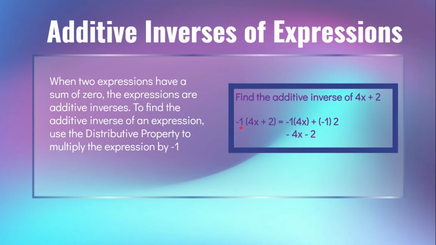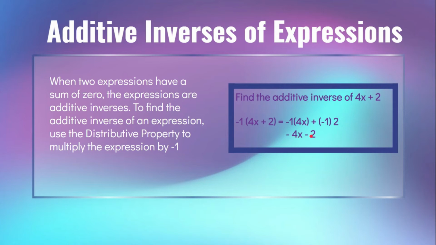So you can see it here, negative 1 times 4x plus 2. Here we are going to use the distributive property to multiply the coefficient by each of the terms inside of the parentheses. So we rewrite this as negative 1 times 4x plus negative 1 times 2. As a result, we obtain the product negative 4x minus 2.